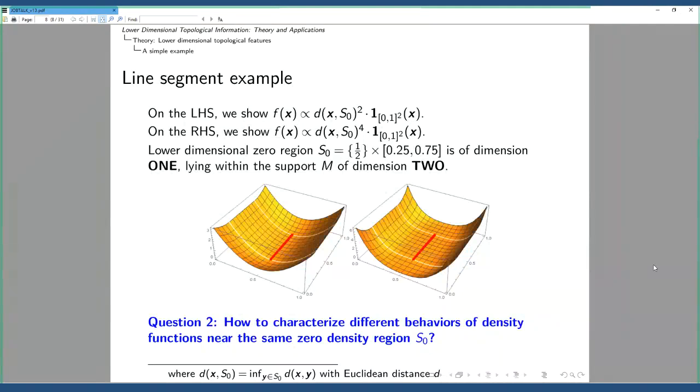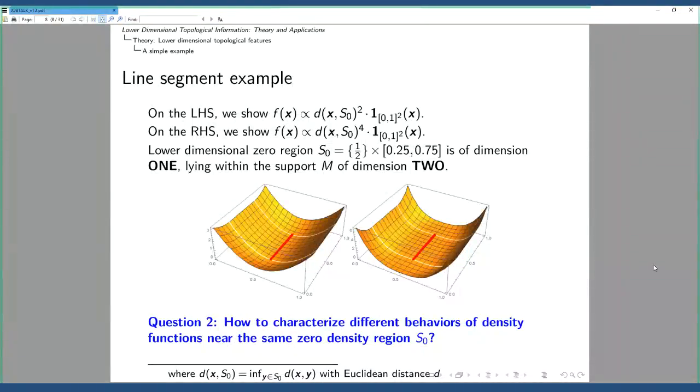The difference is that on the left-hand side, the probability density function is proportional to the square of the point to set distance, while on the right-hand side, it is proportional to the fourth power of the point to set distance. As we observe here, these two density functions have very different local behavior near the zero density region.